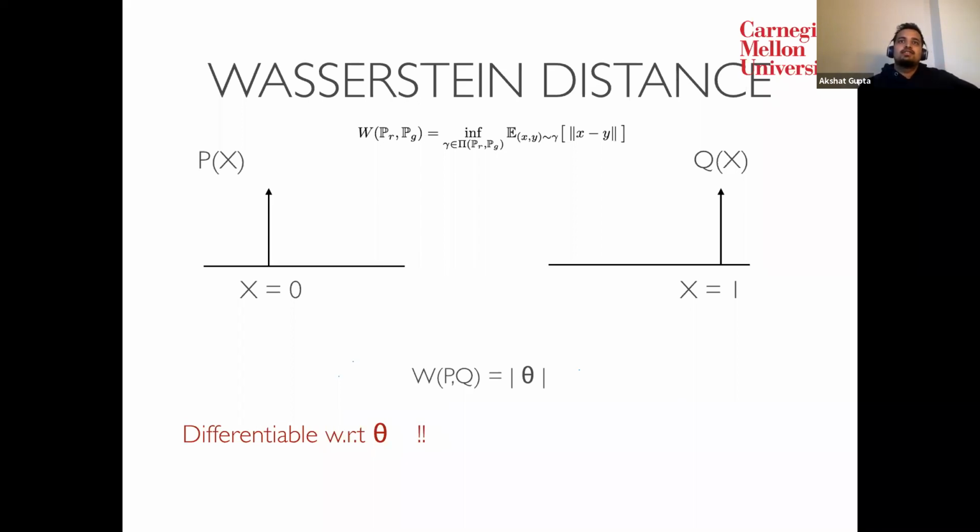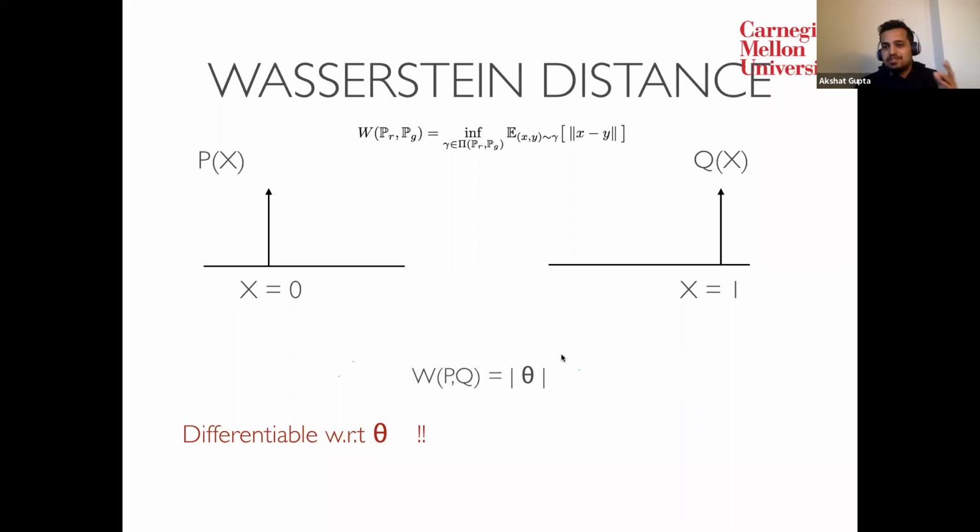The Wasserstein distance, on the other hand, if we have these two peaks of distributions, there aren't too many transport plans. There's only one thing you can do to convert one distribution to the other, and the Wasserstein distance in some sense depends on the distance between the two peaks. So in this scenario where we're taking L1 norms, it turns out to be the absolute value of the distance between the two peaks.